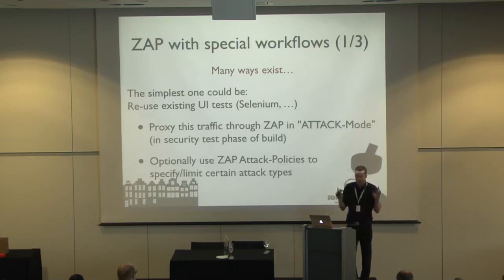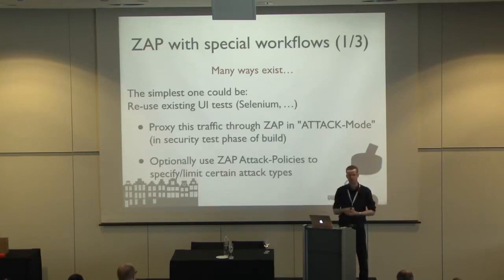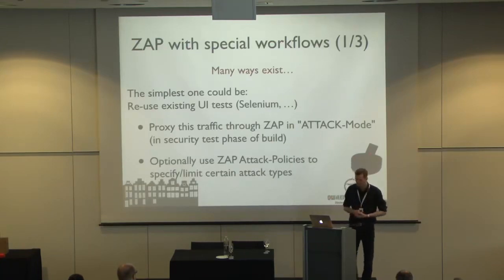One way of doing this, the easy way, the simplest, would be to just integrate existing Selenium-driven tests with ZAP by proxying the UI tests through ZAP in attack mode. So what this does, for every new request it sees by simply being proxied from the UI, existing UI tests you have that execute the steps in the proper order, it just attacks in the background.